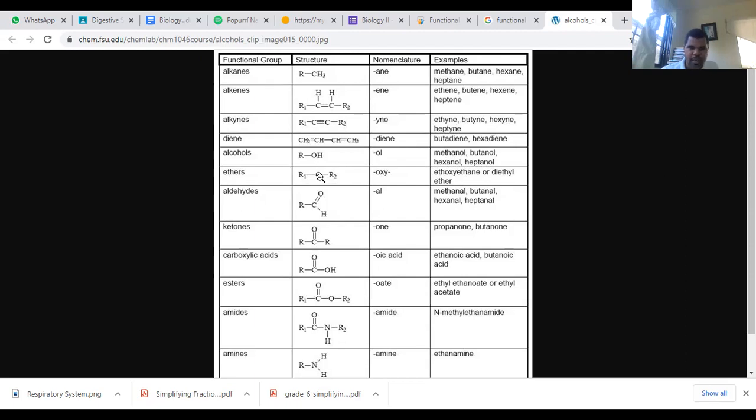Now, using the same element, oxygen again, you can have the aldehydes. If you have the oxygen attached to a carbon atom by a double bond, through a double bond. And if it's located in a primary carbon, is an aldehyde.